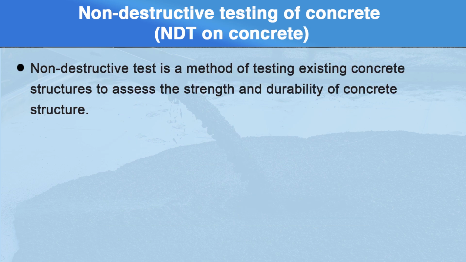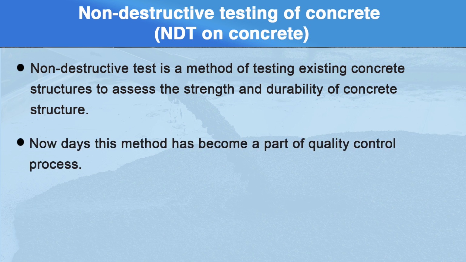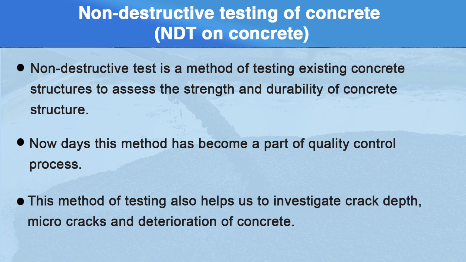Non-destructive test is a method of testing existing concrete structure to assess the strength and durability of it. Nowadays, this method has become a part of quality control process. This method of testing also helps us to investigate the crack depth, micro cracks and the deterioration of the concrete.